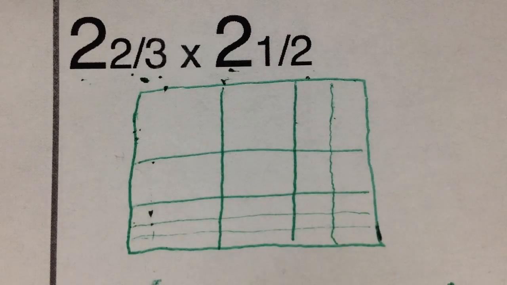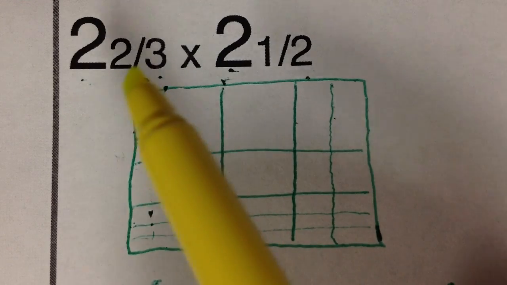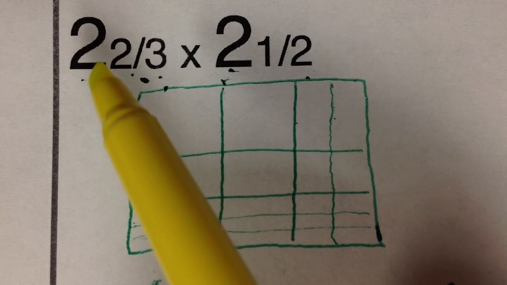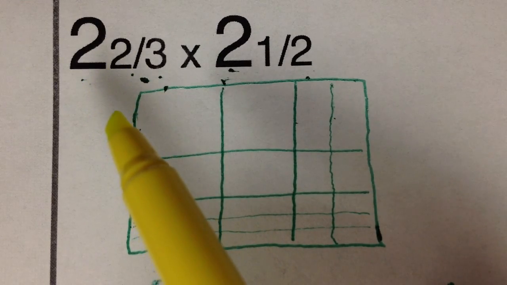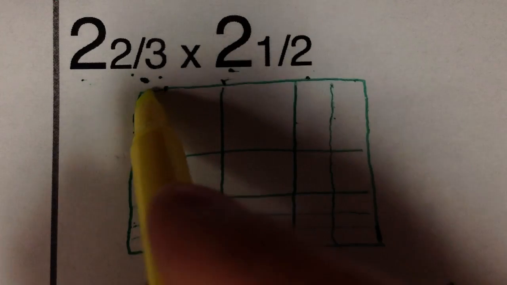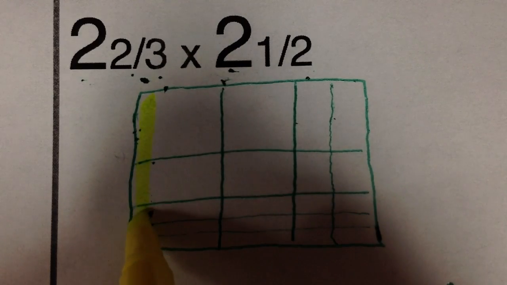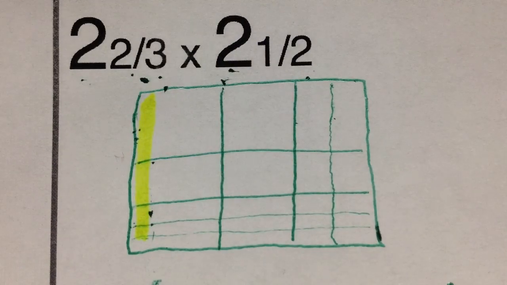Alright, so now what I need to do is shade my 2 2/3 and my 2 1/2 in an array. So I'm going to use a highlighter to do that. What I want to do is go down 2 2/3 and right 2 1/2 with my shading. So I'm going to start here, come down 1, 2, and there's 1/3, 2/3.